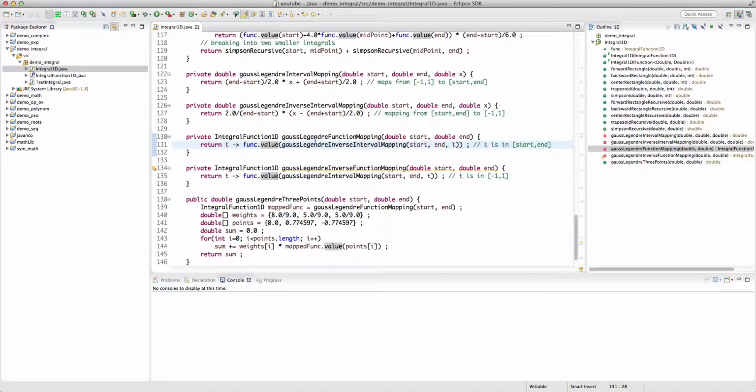So here in the Gauss-Legendre function mapping, what we are going to assume is that we're calculating the value of the function, assuming that t is between, actually, I think this should be reversed, right? -1 to 1, and then this should return the map.